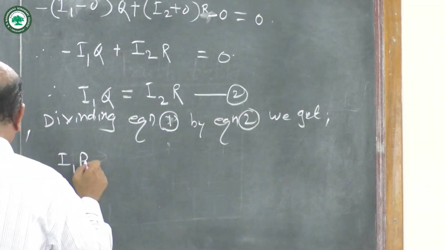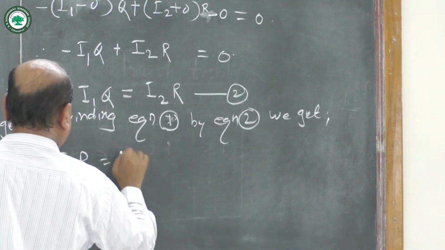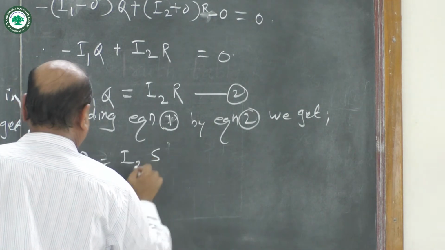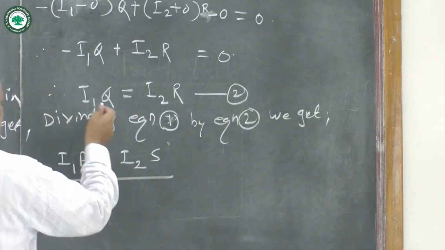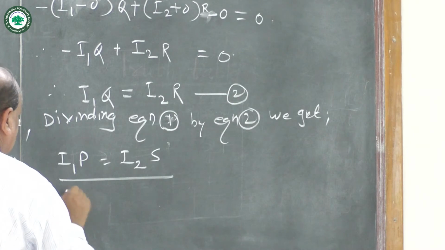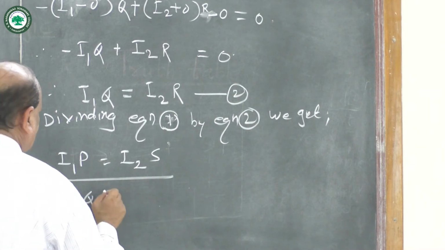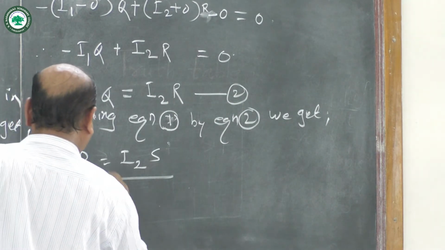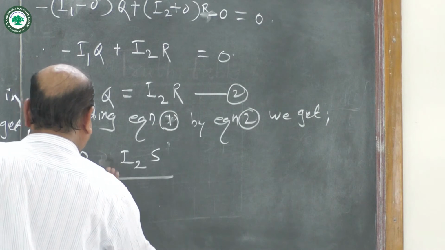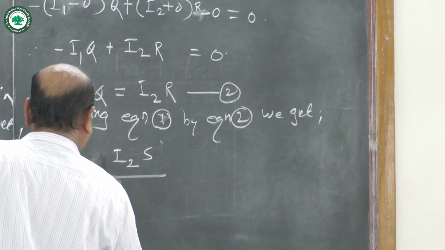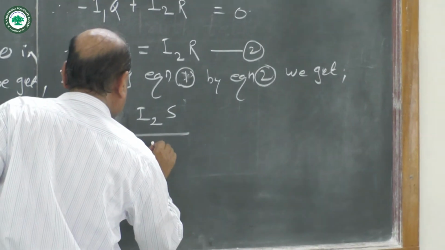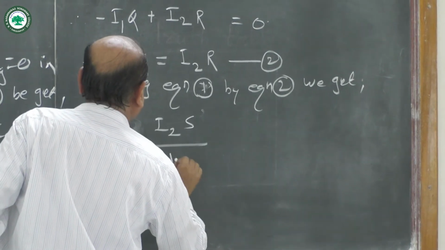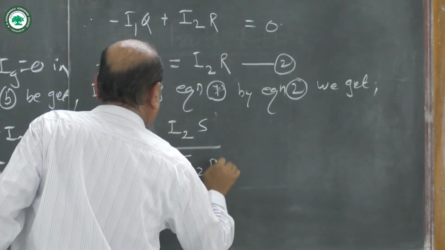I1P is equal to I2S. Divided by equation 2, which is I1Q is equal to I2R.